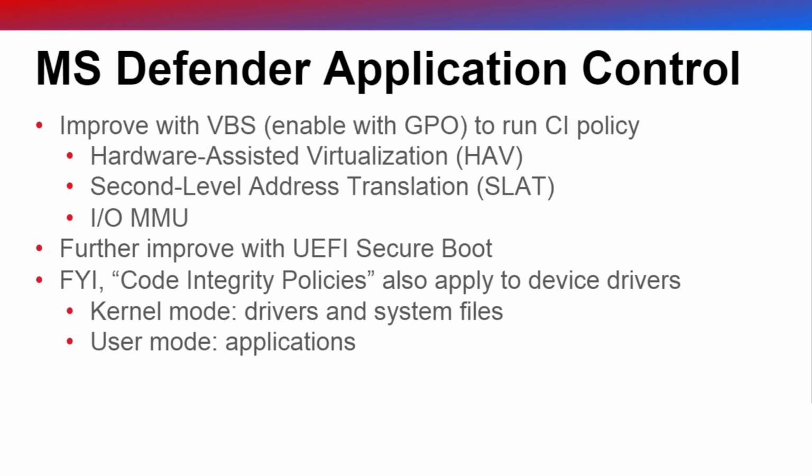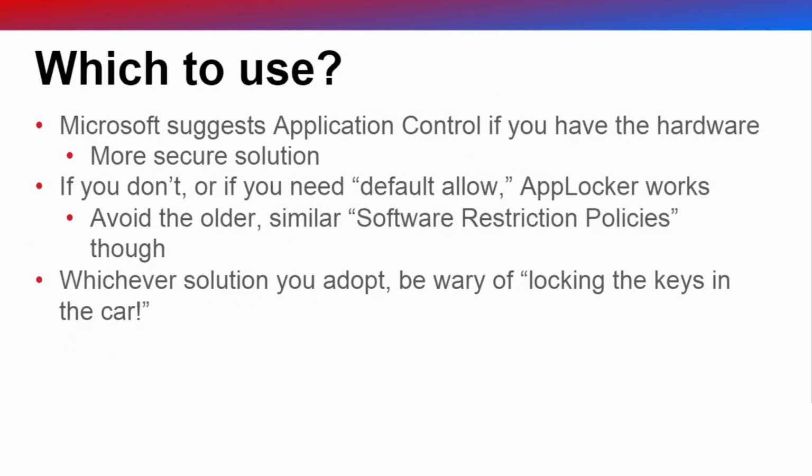Now, the big question becomes, we've talked about AppLocker and we've talked about application control. The big question then becomes, which one do I use, right? So we didn't really have good guidance from Microsoft for a while, but they finally addressed the question. They said, all right, if you have the hardware, if you have the ability to do VBS, if you have SLAT, if you have I/O MMU, if you have TPM, all those good things, then they suggest application control because it's a more secure solution than AppLocker.